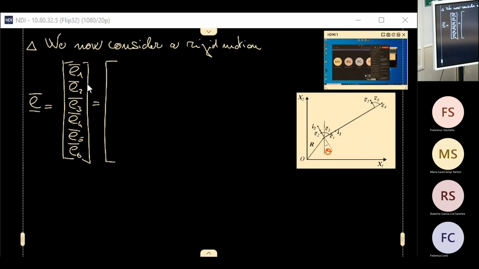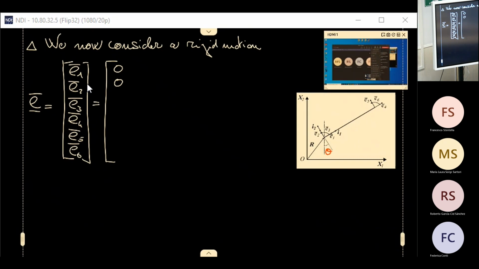So what is the component along I1? 0. E2? E3?